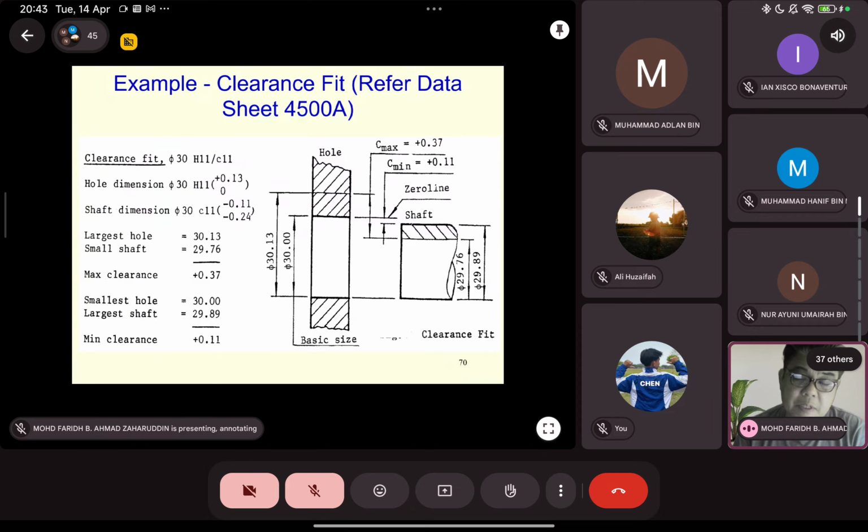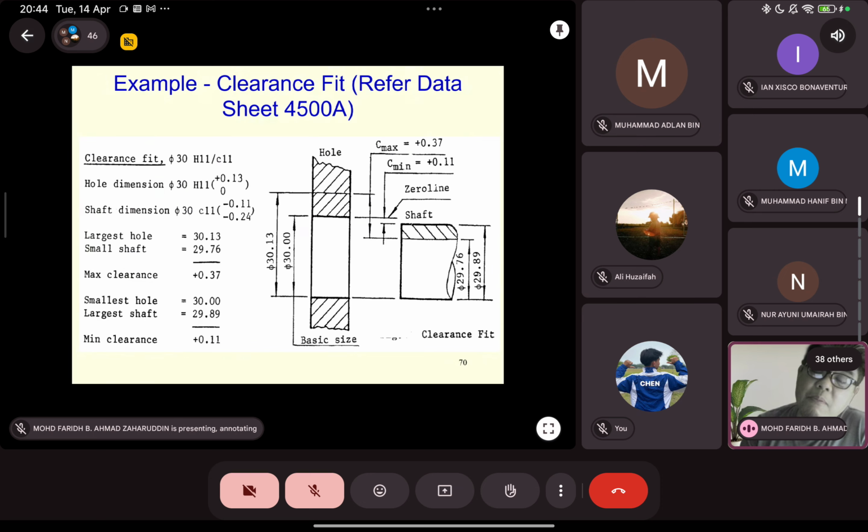We know that the nominal size and the basic size is 30 mm, and the maximum diameter of hole is 30.130, and the minimum is 30.000, and the maximum diameter size of shaft is 29.890, and the minimum size of shaft is 29.760.